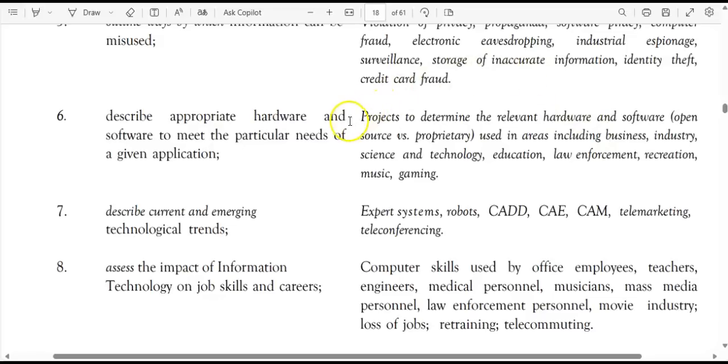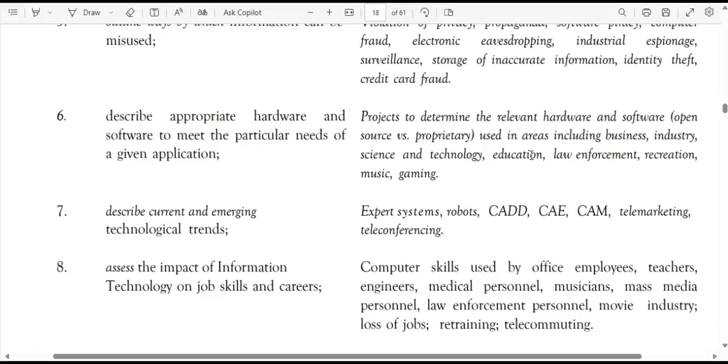Let's look at hardware and software and how it is used in an industry. And when we're talking about industry here, we are looking at manufacturing and production. The purpose of hardware and software in an industry would be automation, design, data analysis, inventory management.